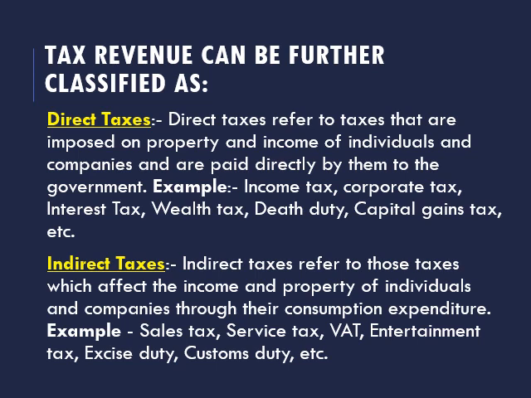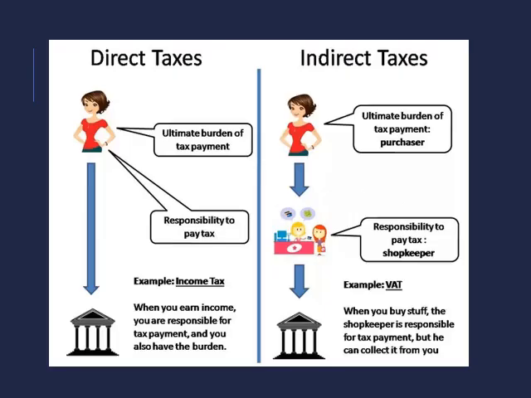Direct taxes are directly collected, and whomsoever they are imposed on, the same individual will pay them to the government in different forms: capital gains tax, wealth tax, and so on. In indirect tax, the burden is shifted to another person. A company also pays indirect taxes in the form of sales tax, service tax, VAT, entertainment tax, and customs duties.